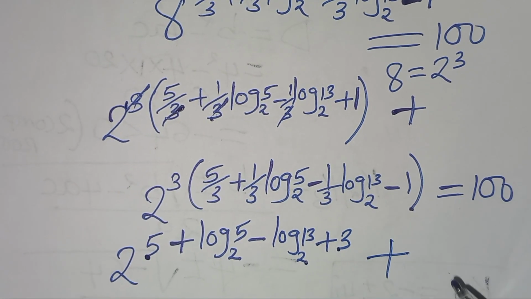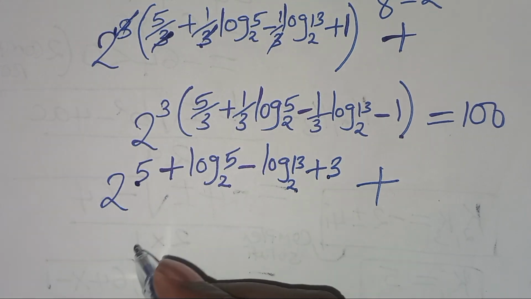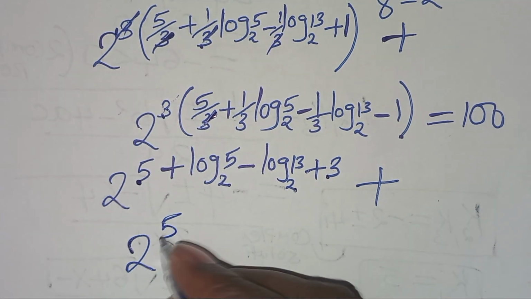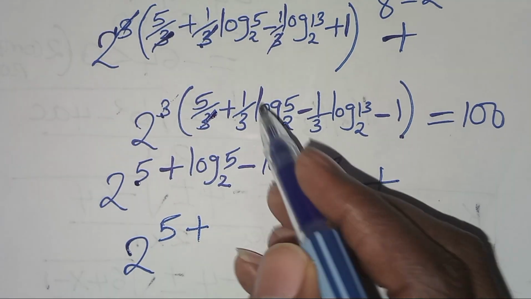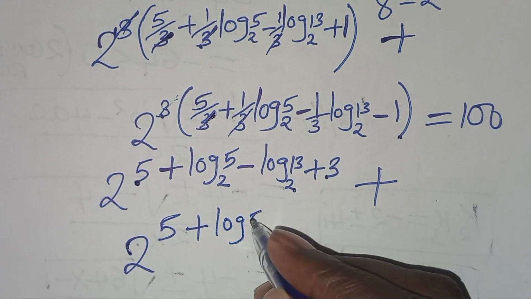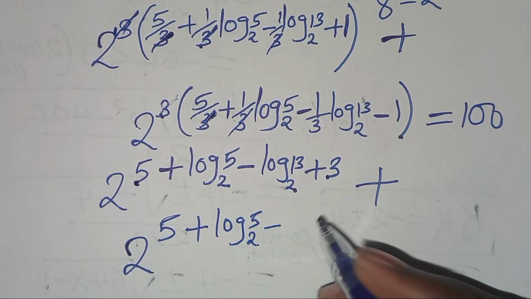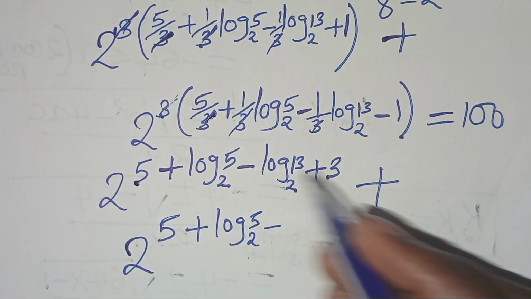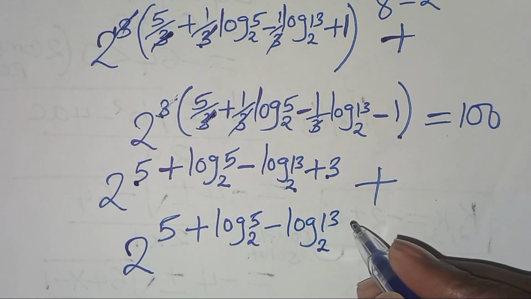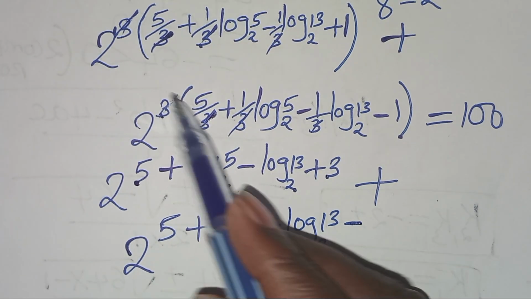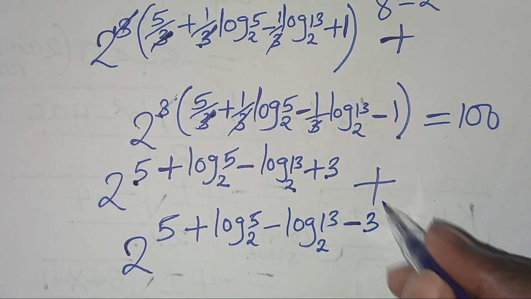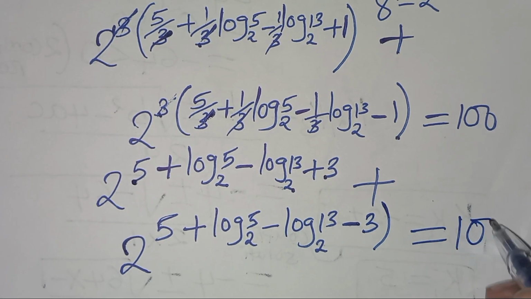And then plus, here again we have 2 to the power, now 3 and 3 simplifies, so 2 to the power 5, plus log 5 to base 2, subtract log 13 to base 2, then subtract, we'll have 3 times minus 1, this is minus 3. Close the bracket, this should give us a value of 100.